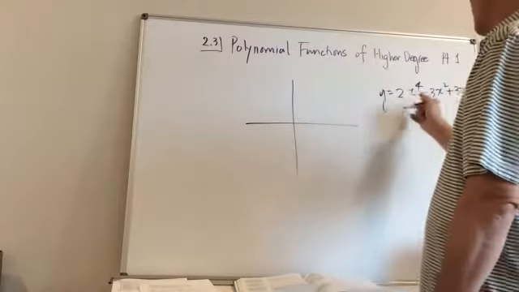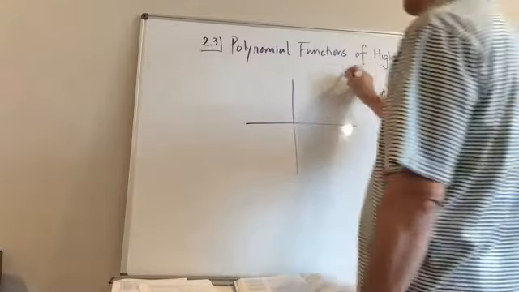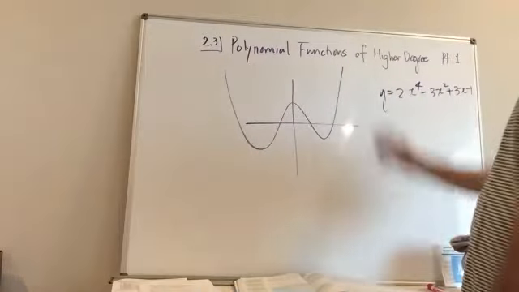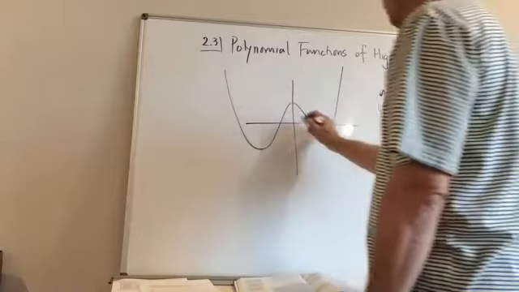And this is fourth degree, so that's going to look like this, where I have 1, 2, 3, 4.